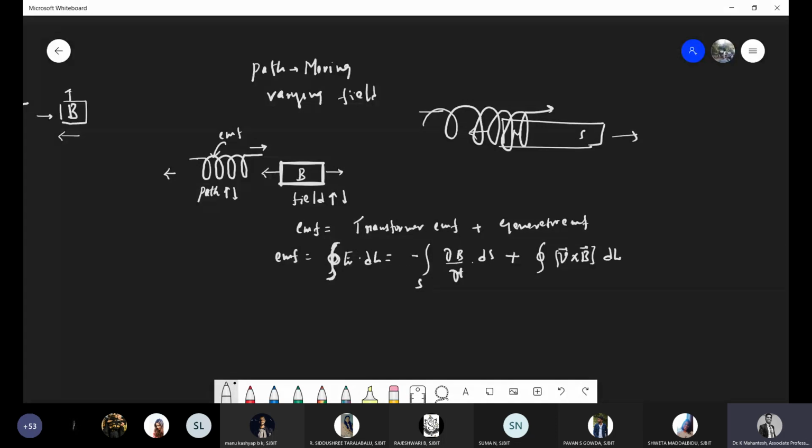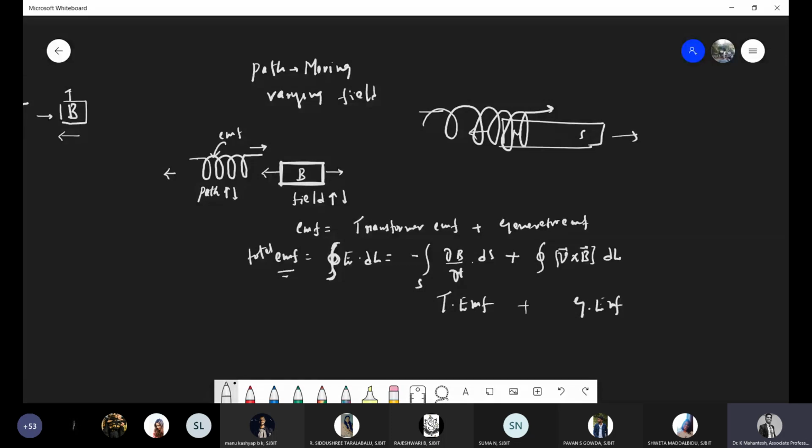So this EMF is for a moving path and varying field. The total EMF is equal to transformer EMF plus generator EMF.